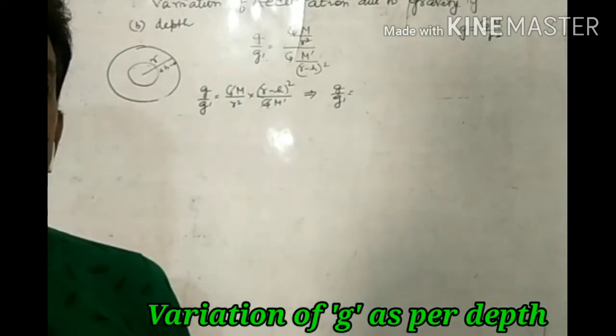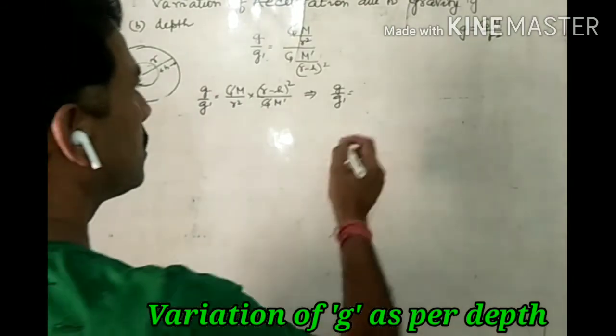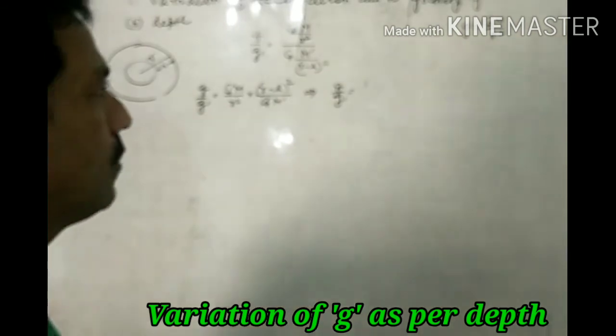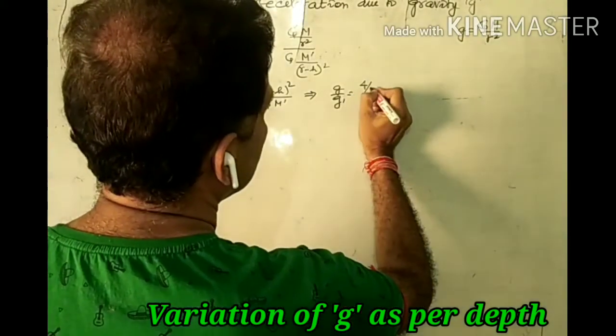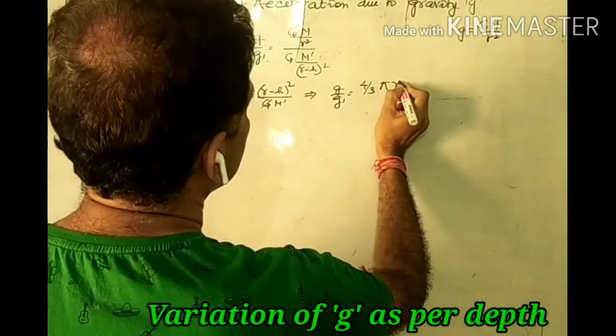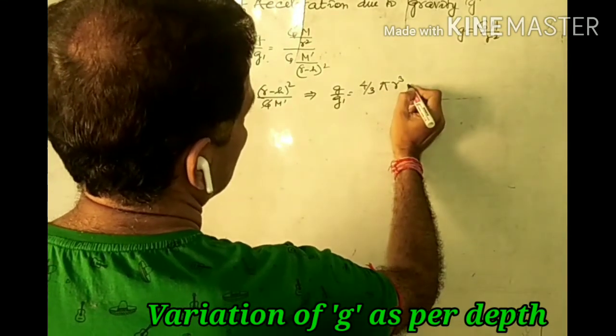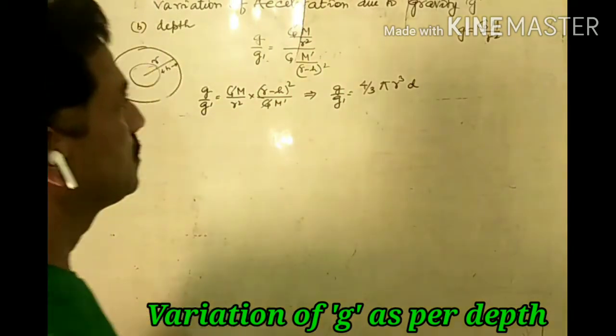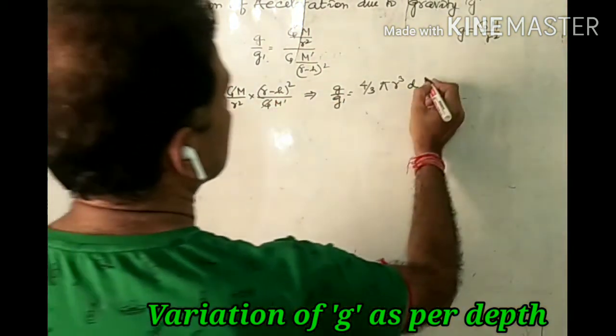So volume of Earth is more or less spherical in shape, and you know the volume of a sphere is given by the formula 4 by 3 pi R cube. And suppose the average density of the Earth is d, and (R minus h) square.